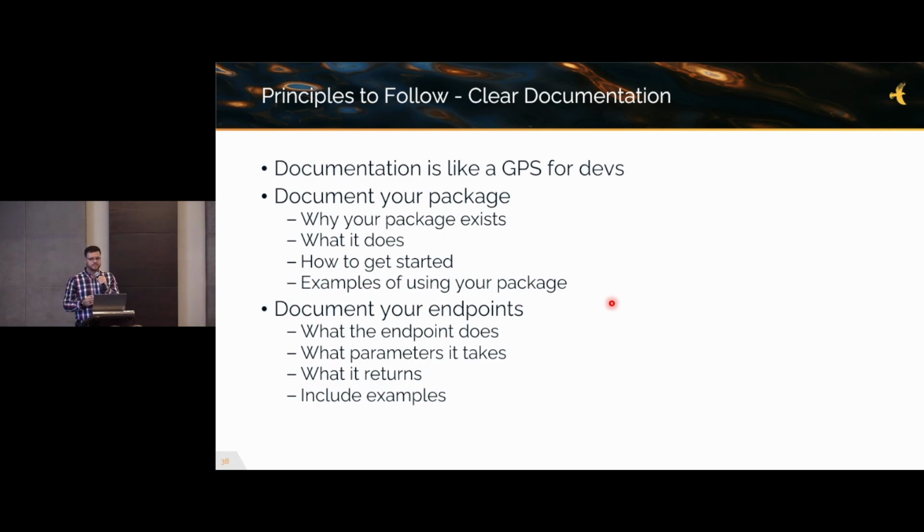I've already mentioned Sphinx. We use Sphinx Autodoc extensively. Ensure that your doc strings, if you use a tool such as Sphinx, ensure that your doc strings contain what the endpoint does, explain what parameters it takes, and what it returns. Type annotations can get you a long way if you use it for that.